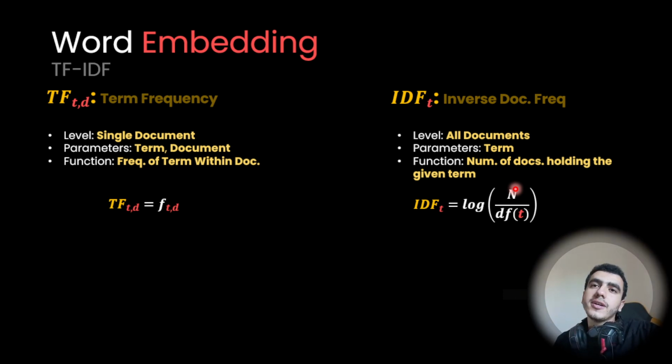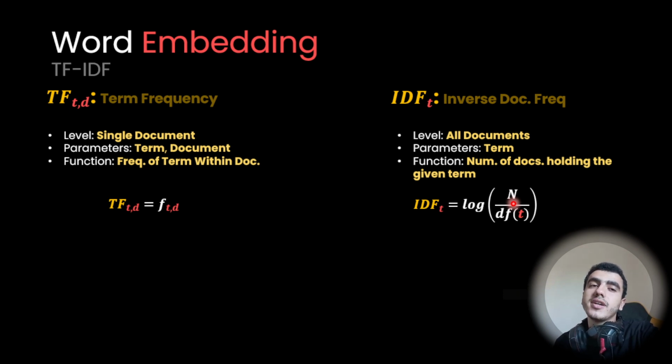If n is 5, and this term exists across all 5 documents, I have 5 over 5, which is 1. The log of 1 is 0. So this indicates that this term has very low importance. The score is pretty low.